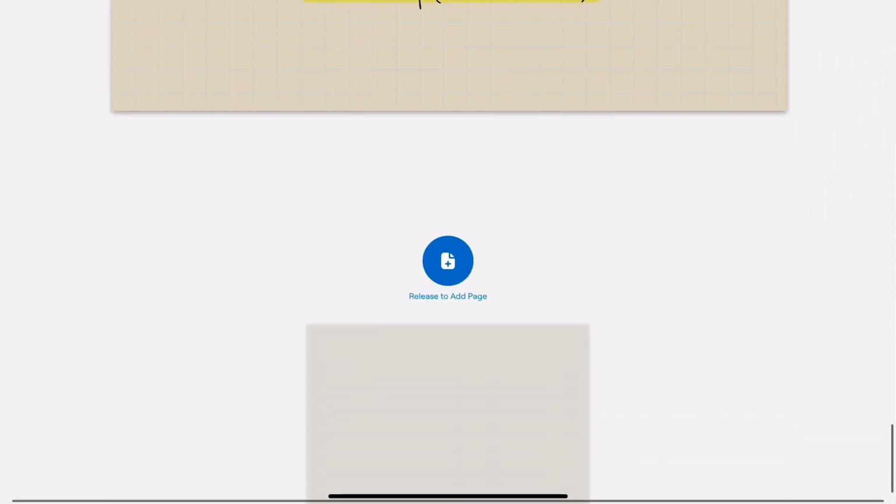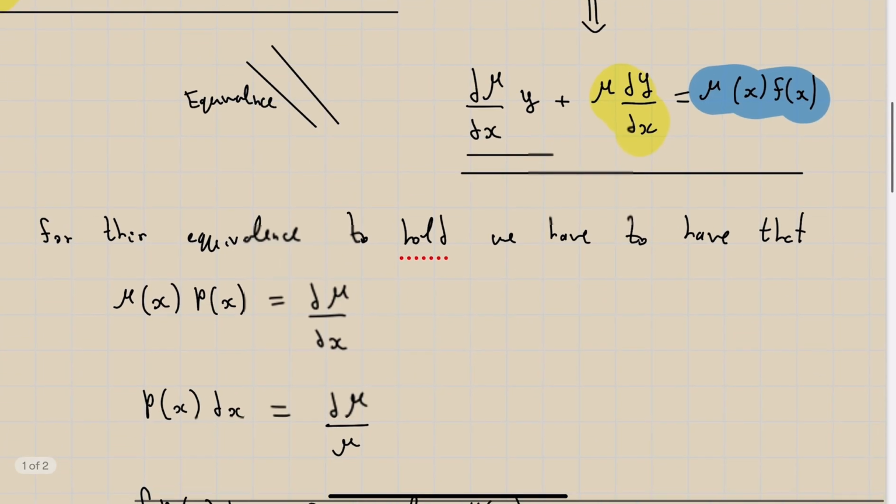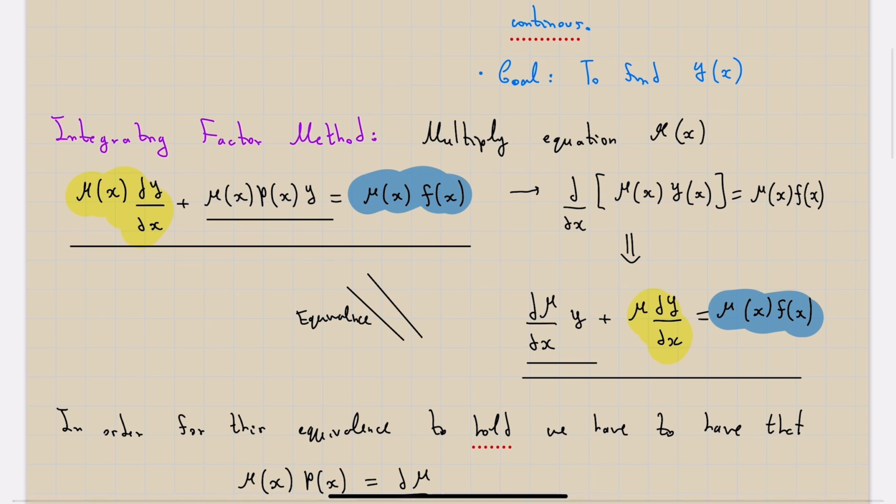So we already found what mu(x) is equal to. But then we had this equivalent equation, which was much simpler, so let's just copy it. We had d/dx of mu(x) y(x) is equal to mu(x) f(x).